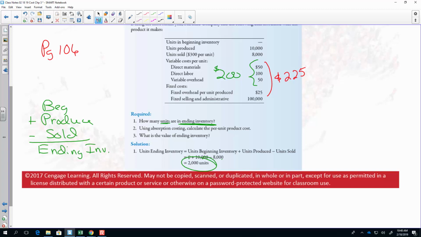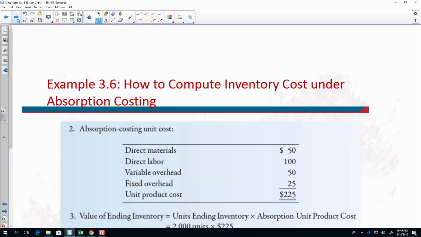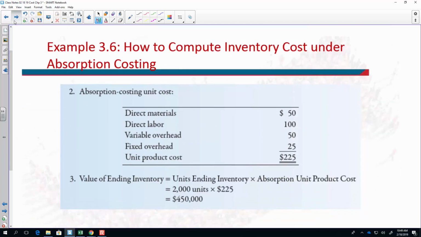A very simple computation. We already did this back in Accounting 1. And we take that 2,000 times the 225 or the 2,000 times the 200, depending on what report we're doing. You'll have lots of practice with this, guys. I'm not worried about this at all.